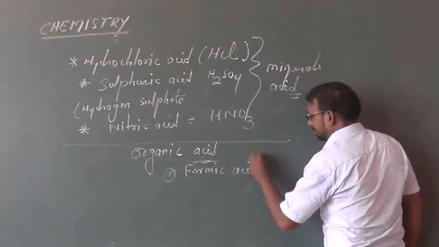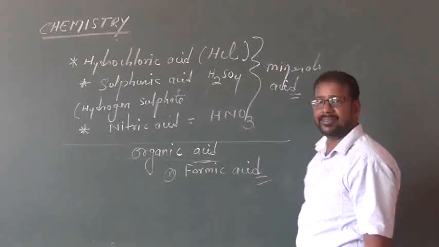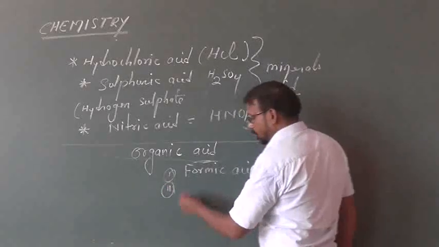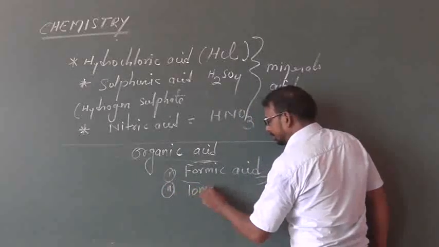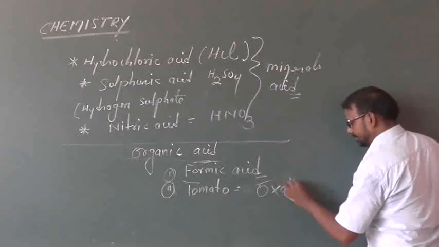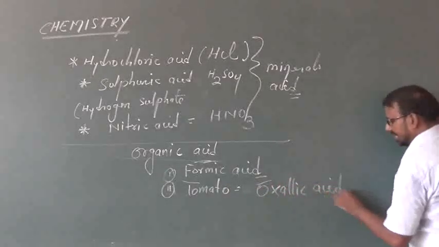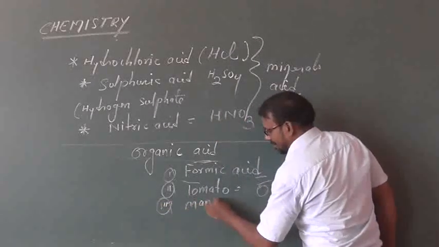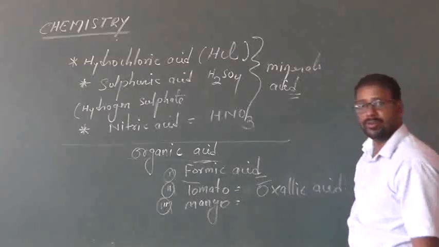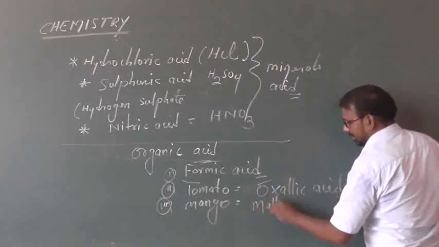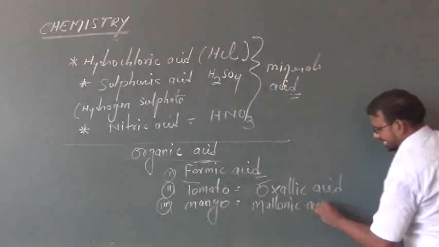Formic acid is released by red ants. And what kind of acid is there in tomato? Oxalic acid. In mango, malic acid.